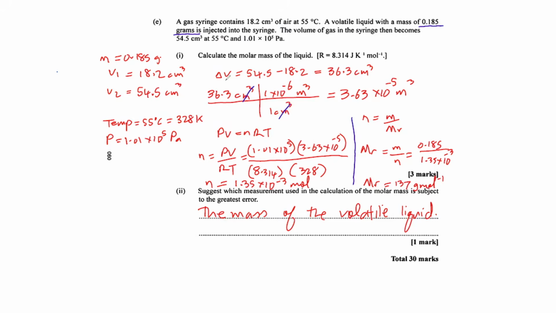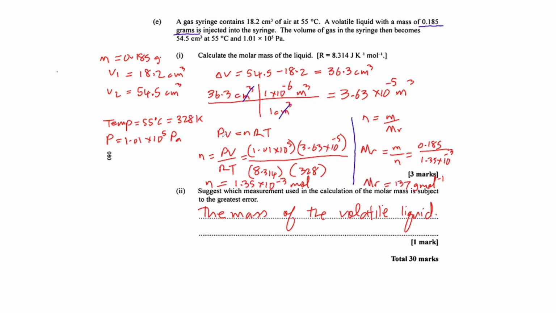So the first thing we'll do is to calculate the volume change, and that is the final volume minus the initial volume, and we get our volume change to be 36.3 cm cube, after which we convert that to meter cube using the conversion table.